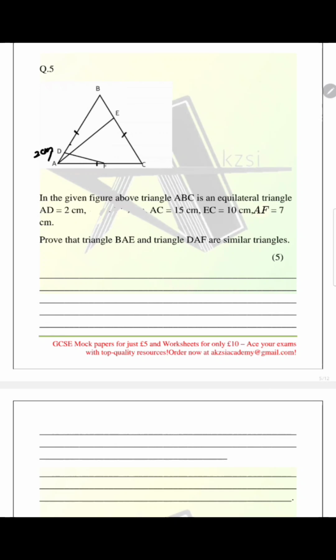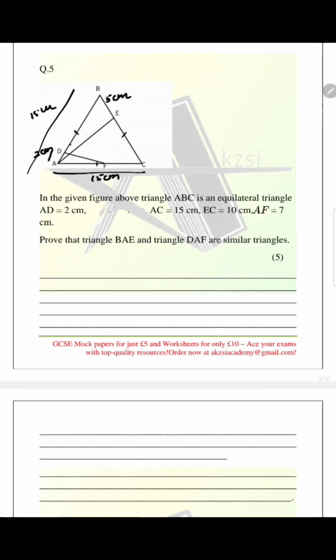AC is 15 centimeters, which is this whole AC. The good part is it's given it's an equilateral triangle, so all the sides are 15 and 15. Now EC is 10 centimeters, so this part is 10 centimeters. So if this is 10, that means clearly BE is going to be 5 centimeters because this whole is 15.